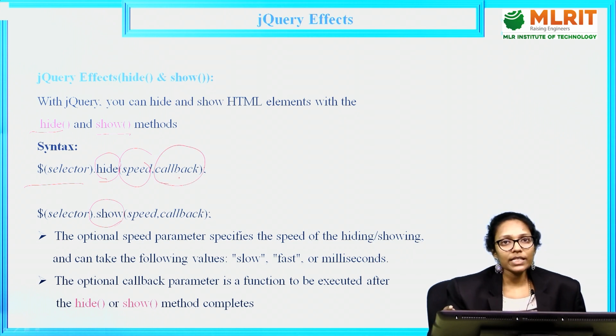Speed means the speed with which you want to apply the hide and show function. We have slow, fast, and milliseconds values for this speed value. Callback means the function that should be executed after completing the action. That is called a callback function. But these two are optional parameters.